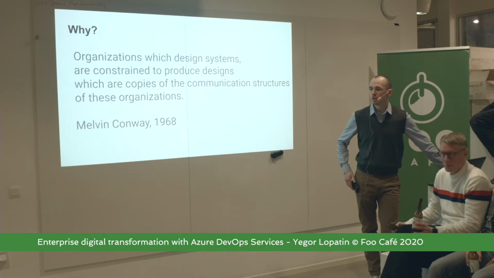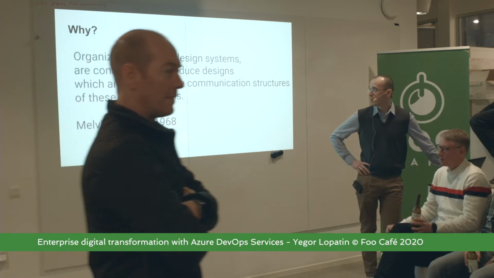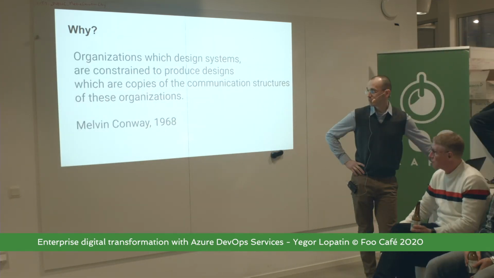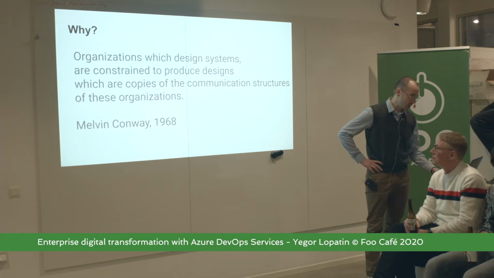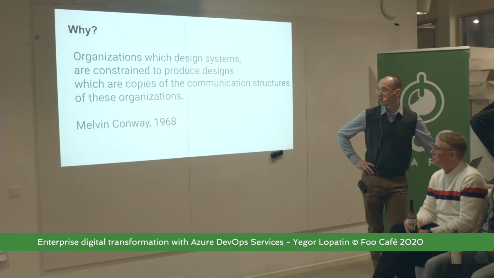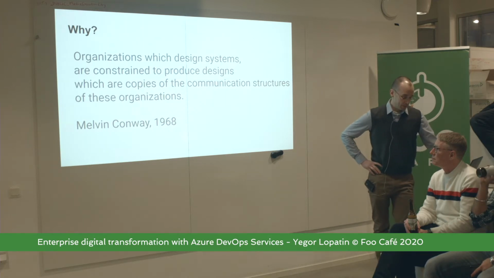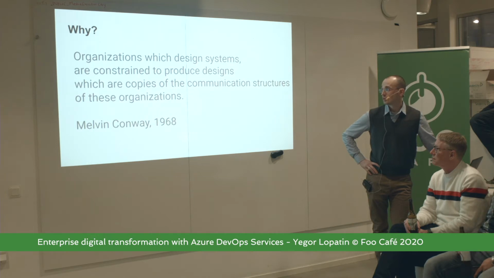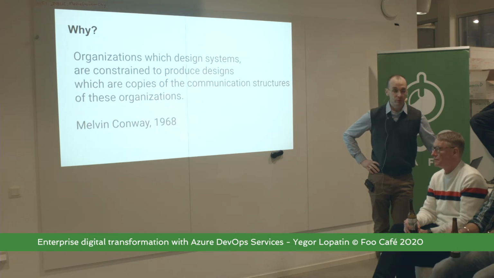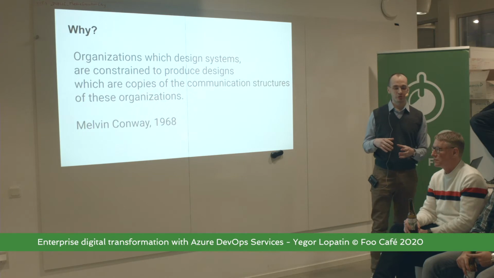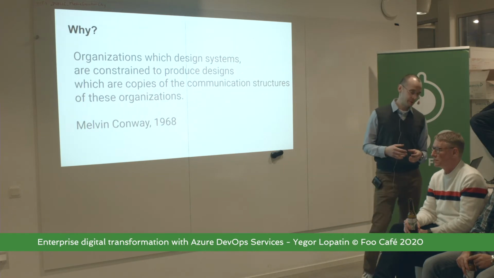I don't know, have you heard of Conway's law? He was one of the famous mathematicians who did a lot for game theory, and one part of his work was the so-called Conway's law, which says that whatever you try to do in your company, the architecture of your product and your application will reflect the architecture of your organization.